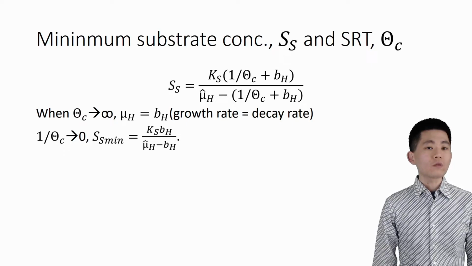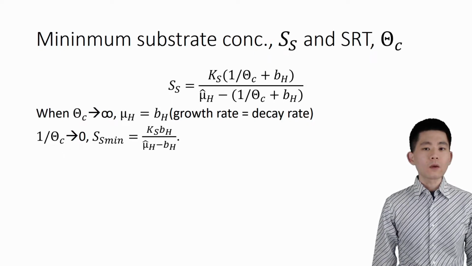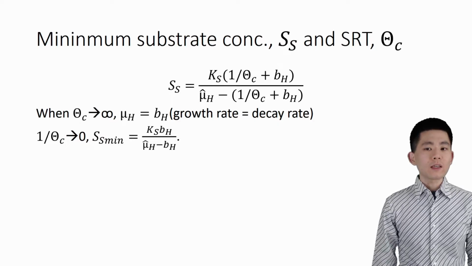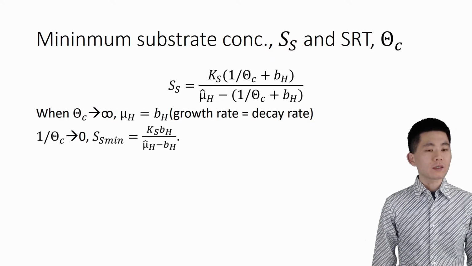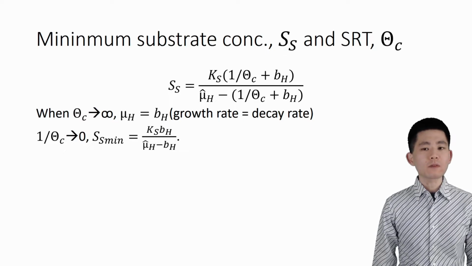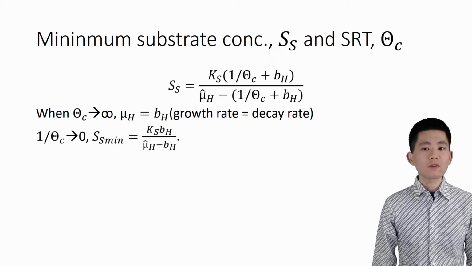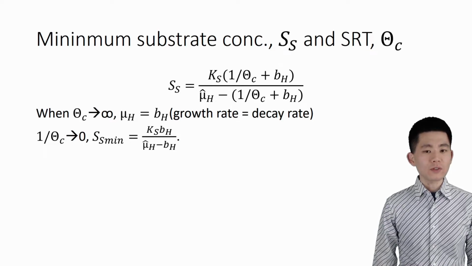So 1 over theta C, or 1 over SRT, approaches 0. We can write the expression for S sub S minimum as K sub S times bH divided by mu hat minus bH. During design, we can compare the discharge target with this S sub S min value. If the target is even lower than S sub S min, a different reactor configuration is needed.